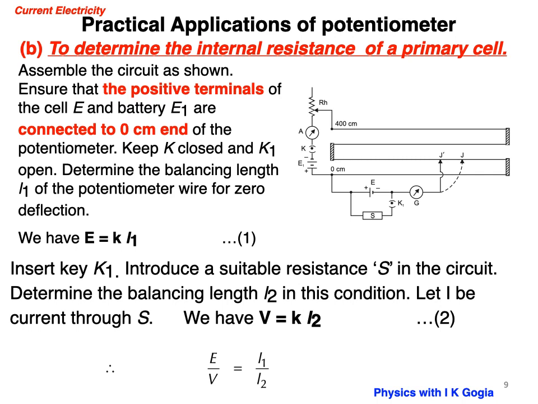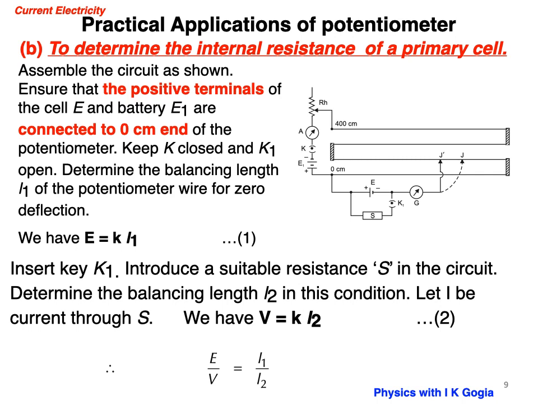This part of the circuit is same, means you have the potentiometer, the rheostat, the ammeter, the key, and the battery of EMF E. Between 0 centimeter, which is common terminal for positives of the cell and the battery, we connect the cell whose internal resistance is to be determined.